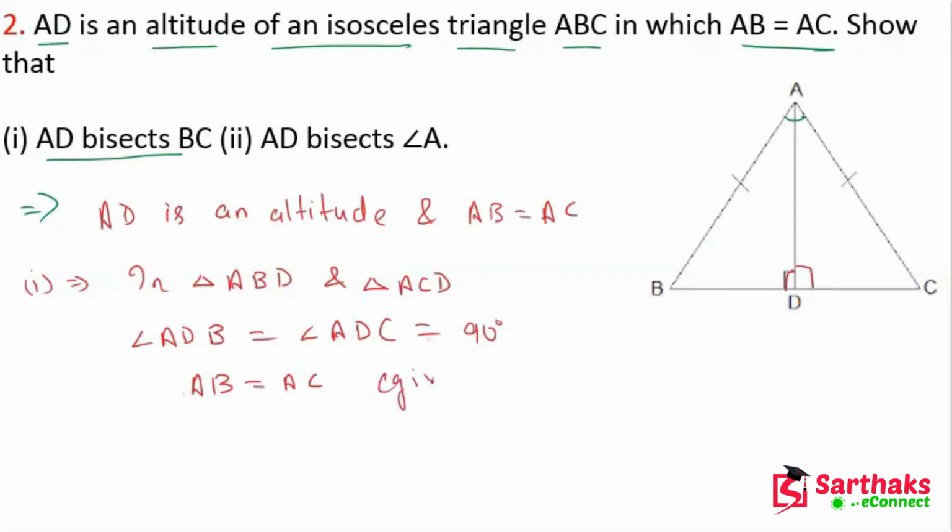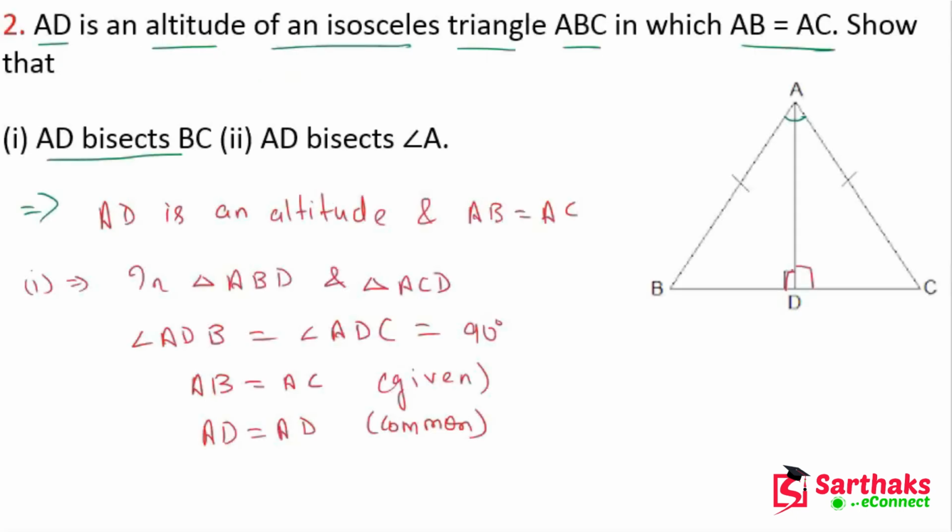This is the given part. And AD is equal to AD, which is common. So we can write triangle ABD is congruent to triangle ACD.